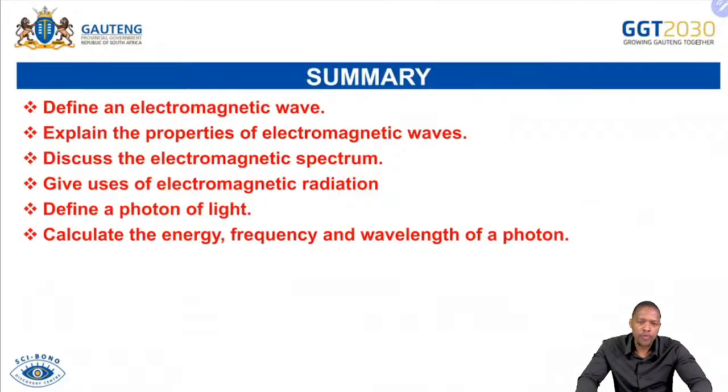Okay, grade 12, you should be able to define an electromagnetic wave. Okay, you should be able to explain the properties: changing electric and magnetic fields mutually perpendicular to each other and the direction of propagation of the wave. That's how we defined it. And then we should be able to explain the properties of electromagnetic waves.